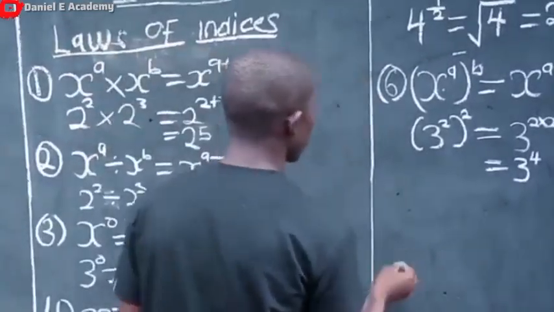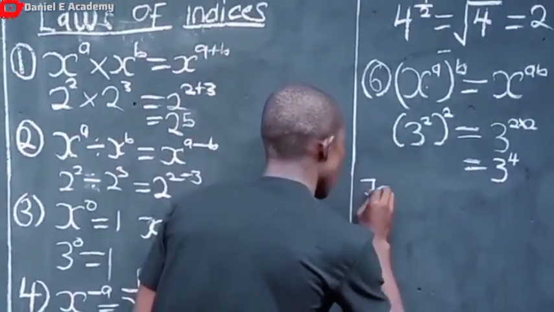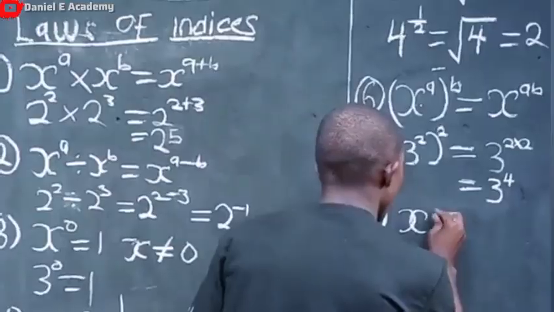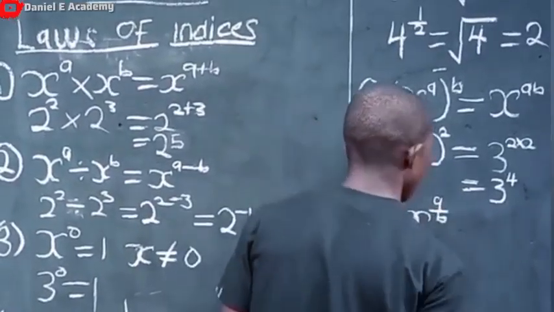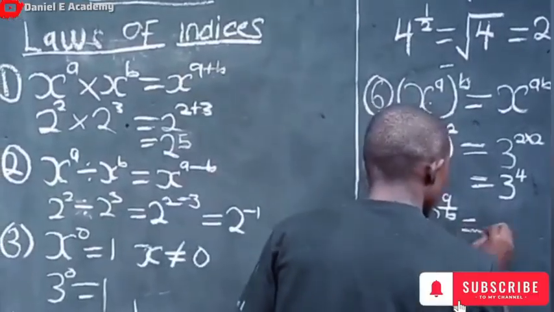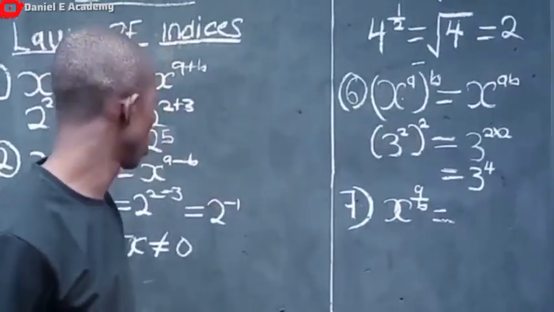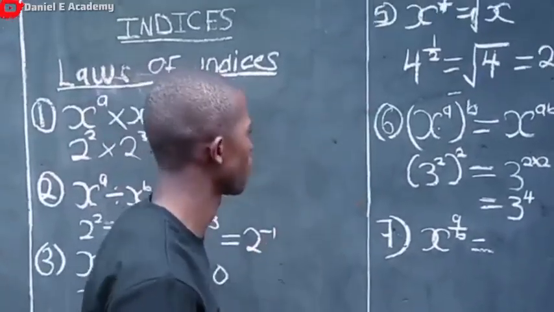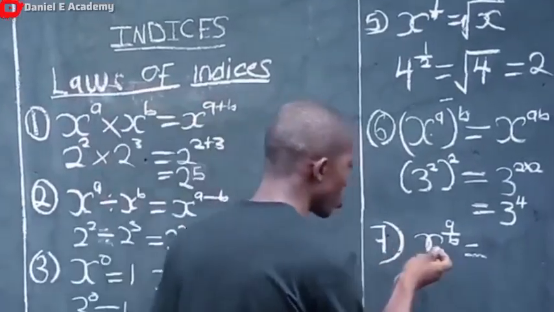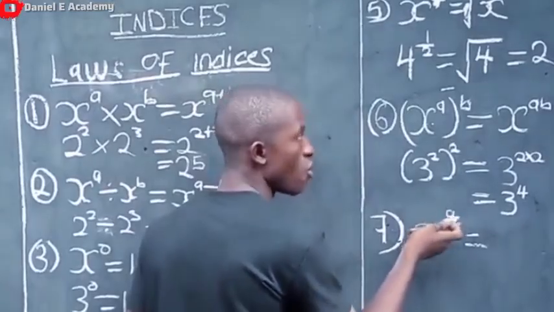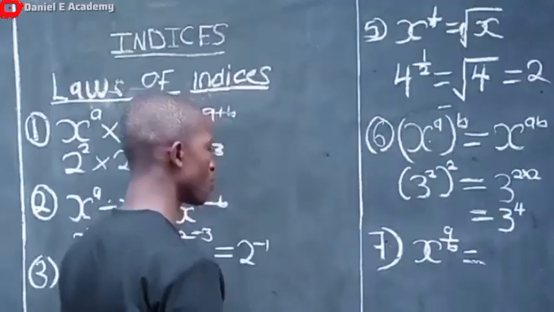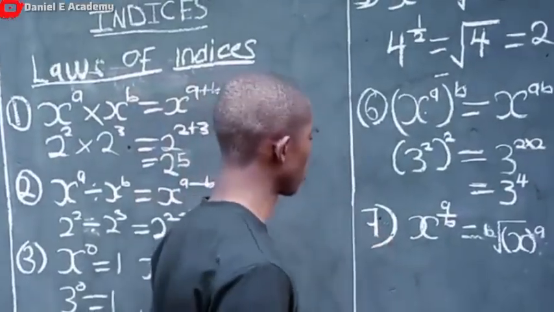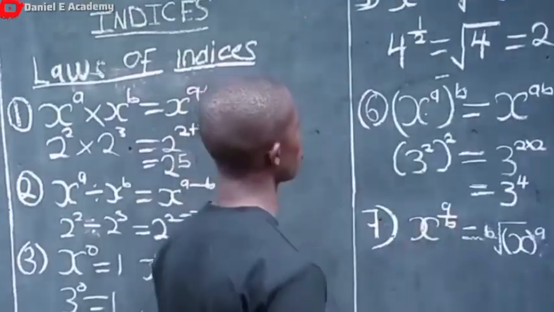Let's go to the last law, which is the seventh law. x to the power of a over b equals the b-th root of x power a.